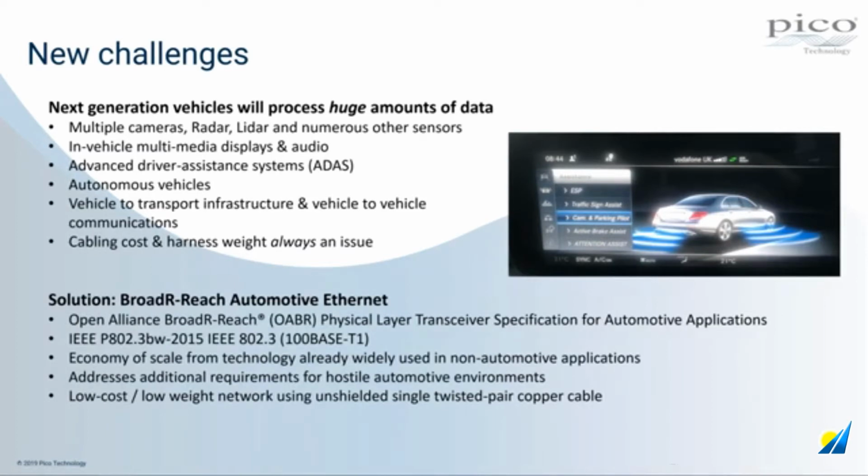The beauty of BroadR-Reach is that it is a form of Ethernet that takes advantage of the widespread use of Ethernet technologies that are already around in non-automotive applications. So the idea of BroadR-Reach is that it takes existing Ethernet technologies but puts them into an automotive environment.